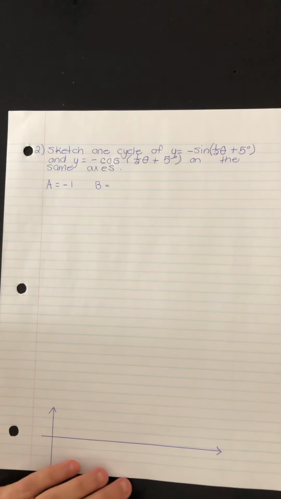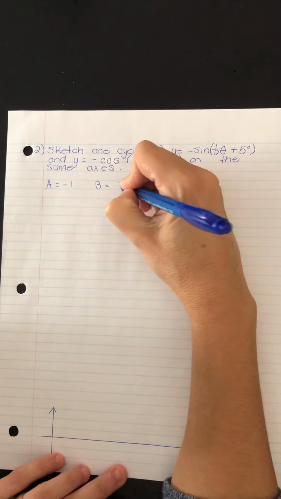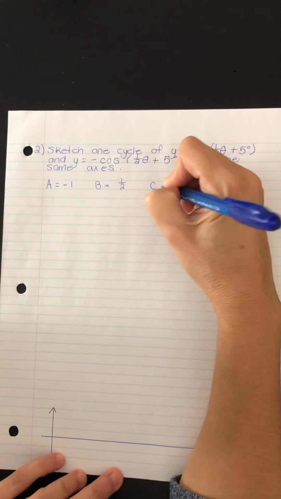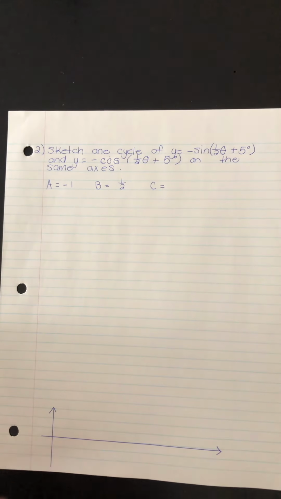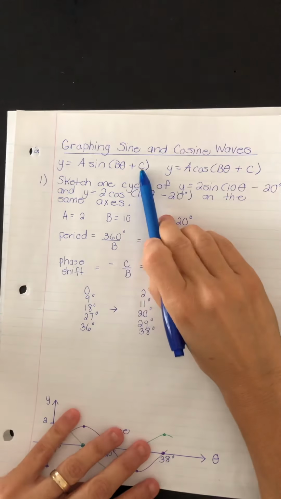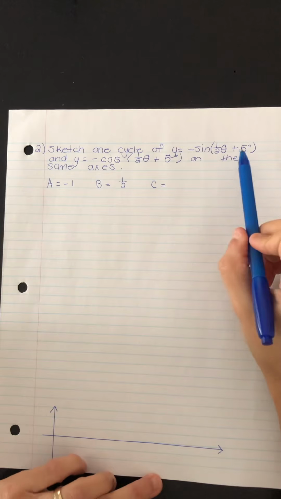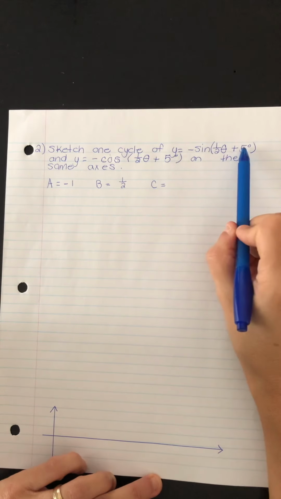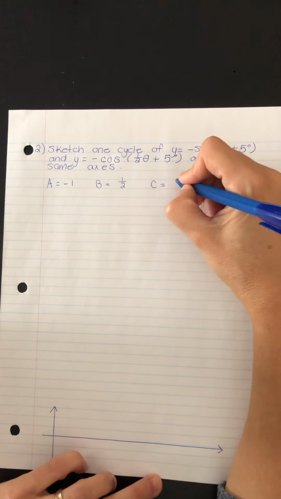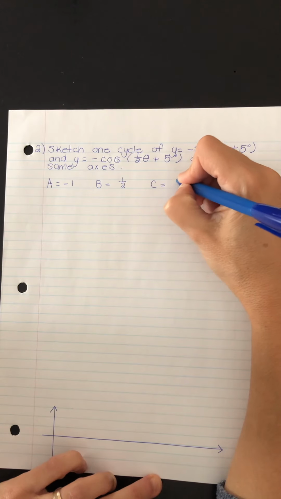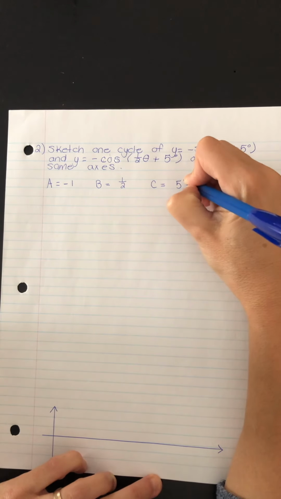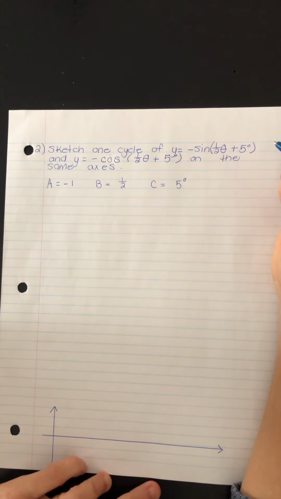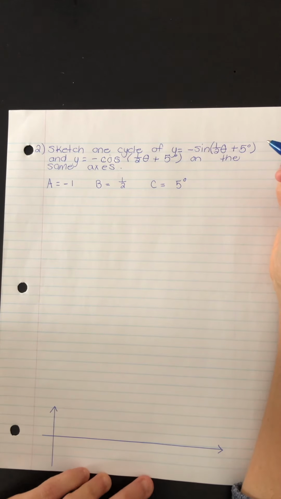So in this case, B is 1/2. And C is here in the equation. You have to take the sign in front of it, so it is a positive value this time. It is positive 5 degrees. Last time we had -20 degrees for C.